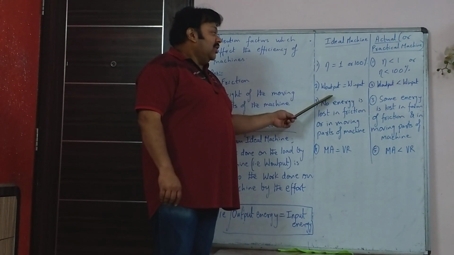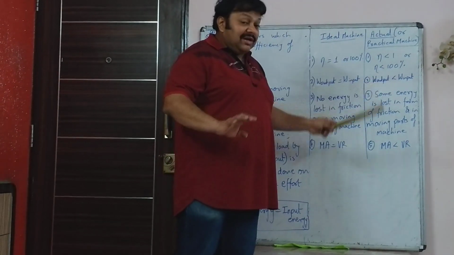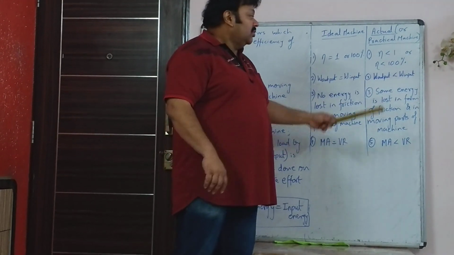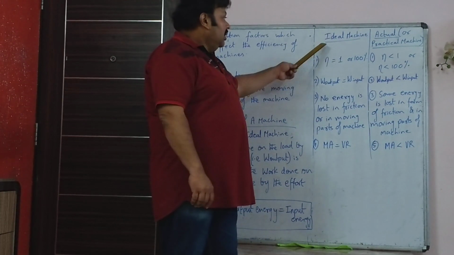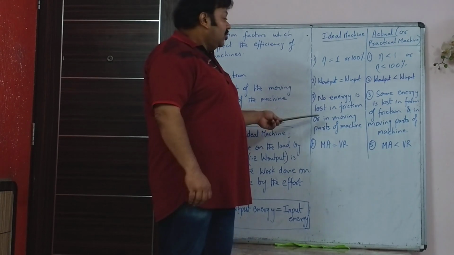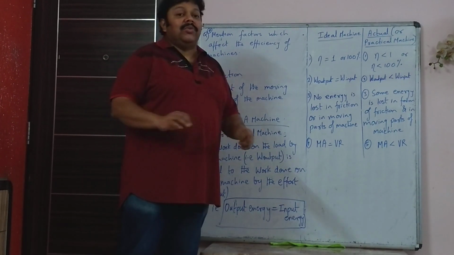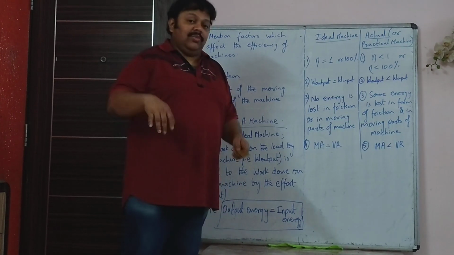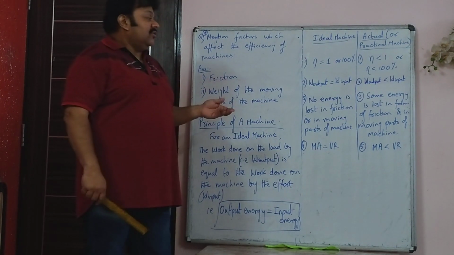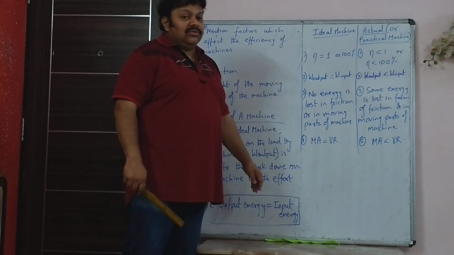In all practical machines, work output has to be less than work input. So in an ideal machine, we are assuming there is no energy lost in friction or in moving any parts of the machine. Whereas in an actual machine, obviously some amount of energy is lost in the form of friction and in moving parts of the machine.